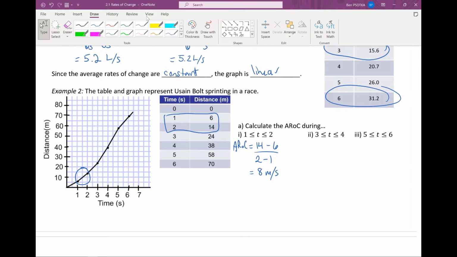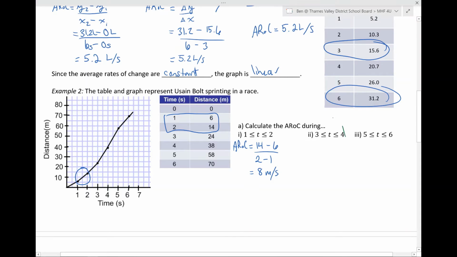Next, let's give ourselves another color here, from 3 to 4 seconds. So from 3 to 4 seconds, our average rate of change equals 38 meters minus 24 meters, all divided by 4 minus 3. Nice and easy. Here we have 14 meters per second. So we're seeing a different rate of change, and again, this is right here from 3 to 4 seconds.